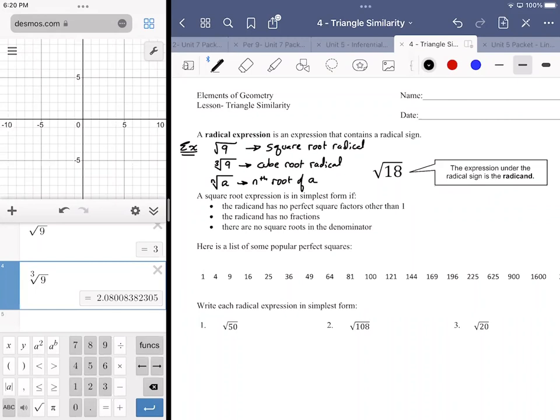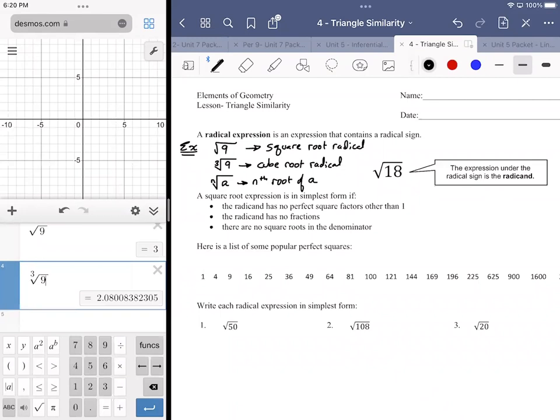It just gets more and more complicated when you increase the value of the index. Again, the thing that's in the little wedge of the radical, that little V area.